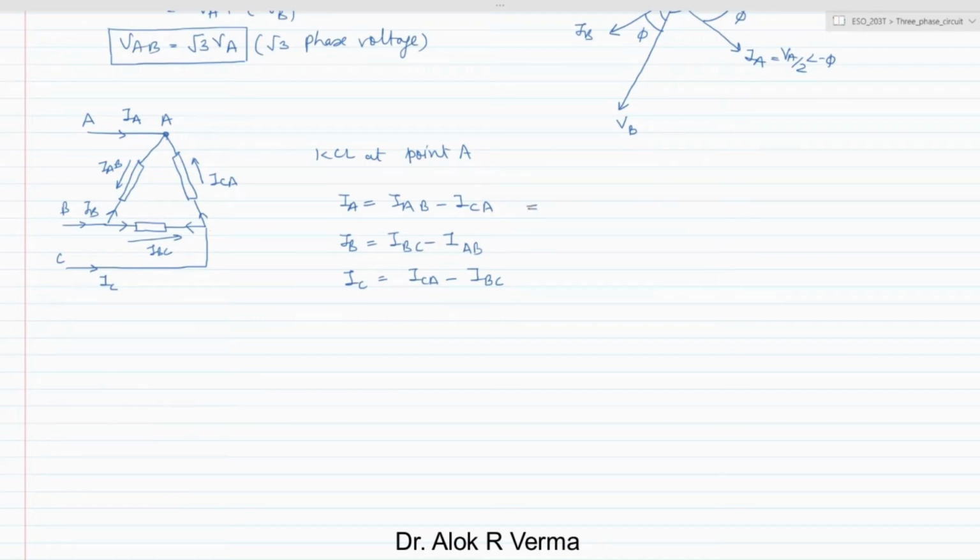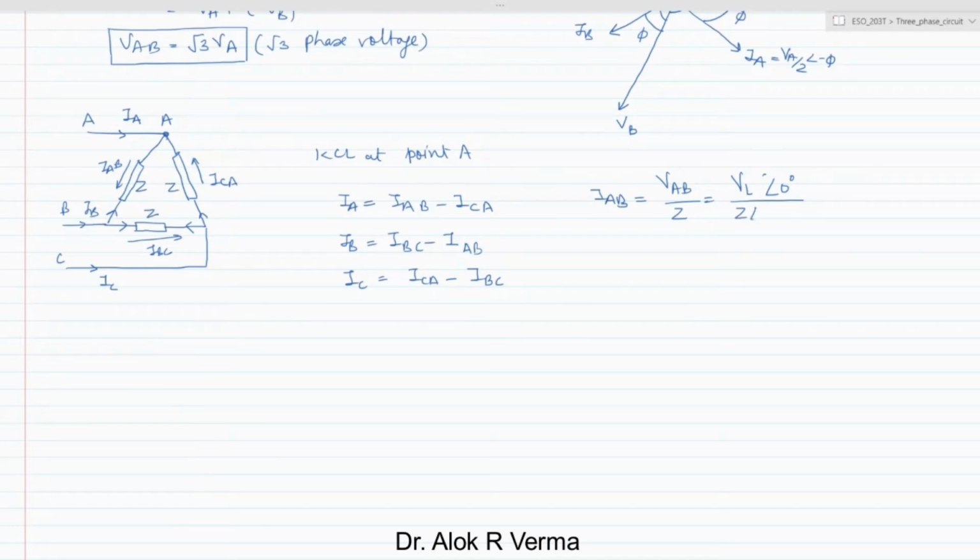Now if you solve this, what is the current IAB? If you calculate the value of IAB, it is nothing but VAB by Z. VAB is the line voltage VL at angle 0, divided by Z. This is Z, this is Z, and this is Z, like a balanced load.